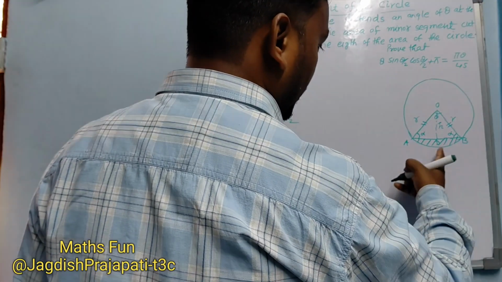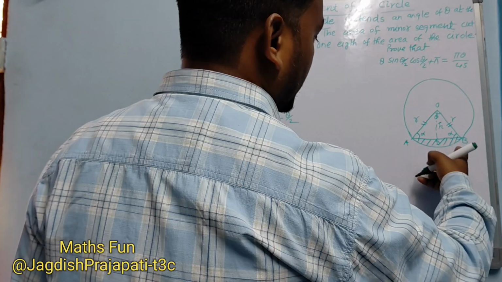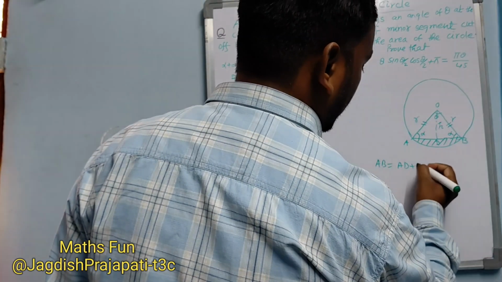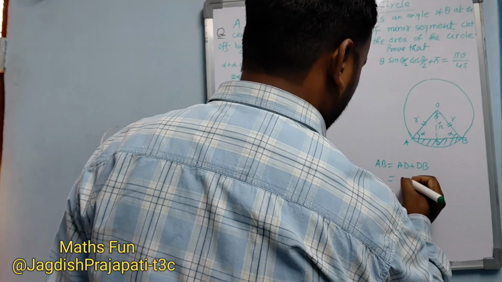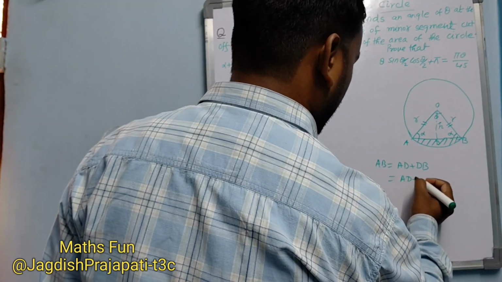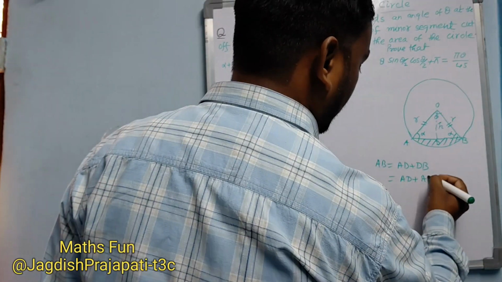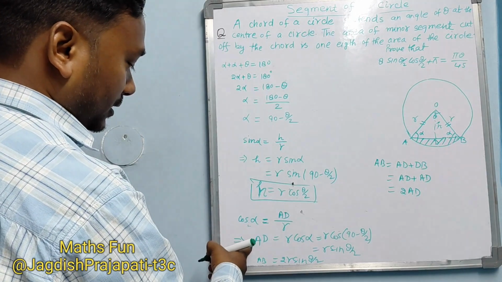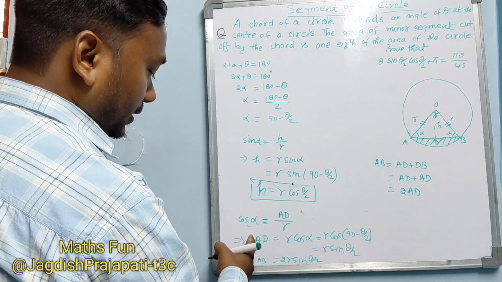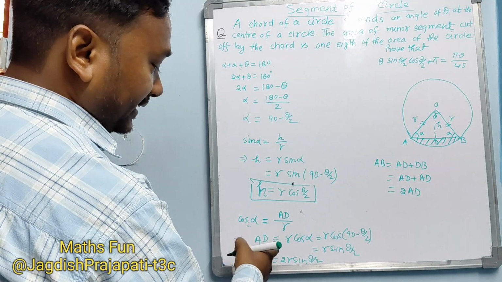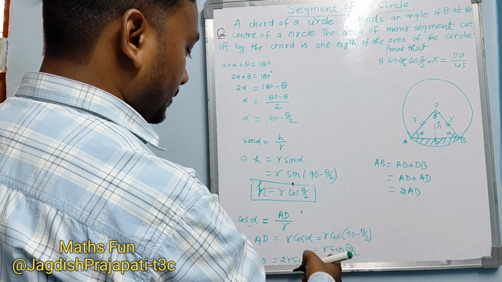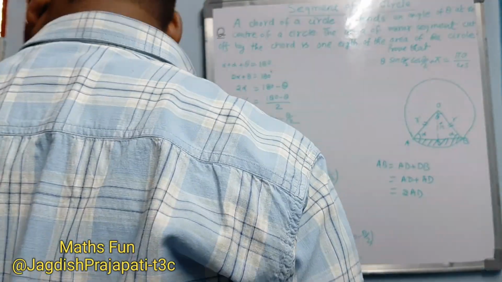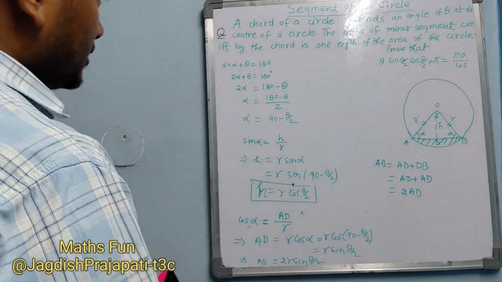Since AD and DB are equal, AB equal to AD plus DB, so AB equal to 2AD. AD is R sin theta by 2, so AB equals 2R sin theta by 2. So now we found everything that we require.